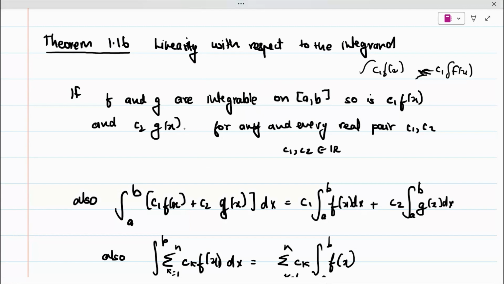Then you take the same step function and multiply by C1 for each. Since the first one exists equal to I, you multiply C1 to each of these, you get C1 I. But I is the integral of f of x, so C1 f of x equals this.